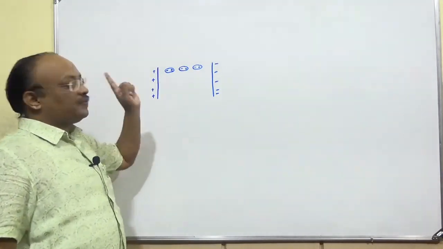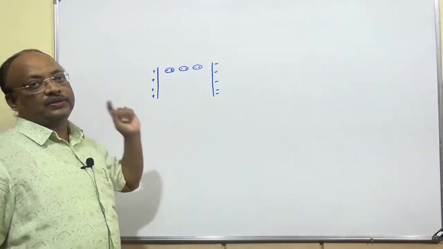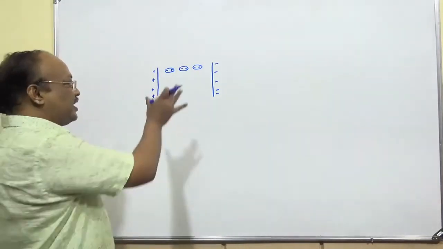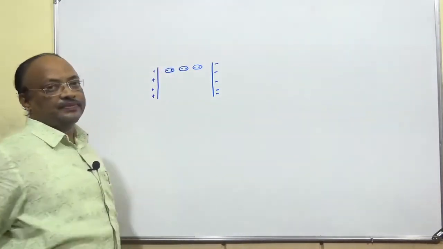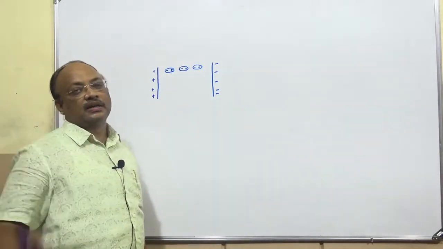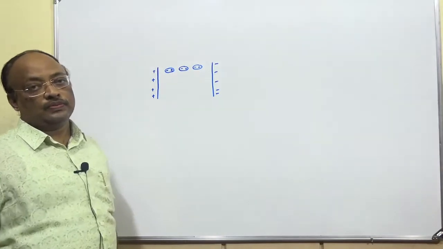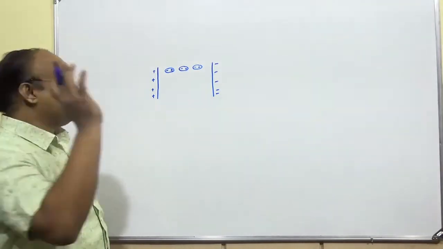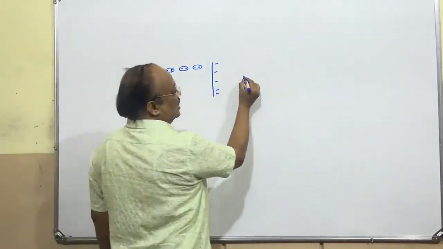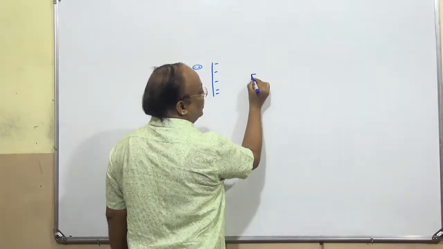Because of the polarization, the electric field in the conductor will get reduced. How is it?